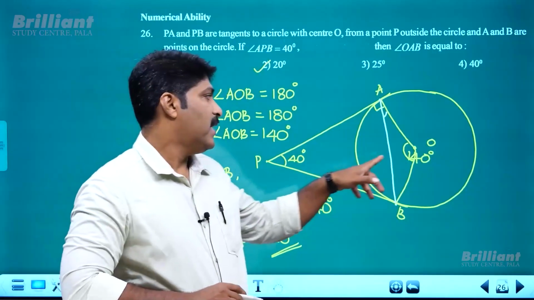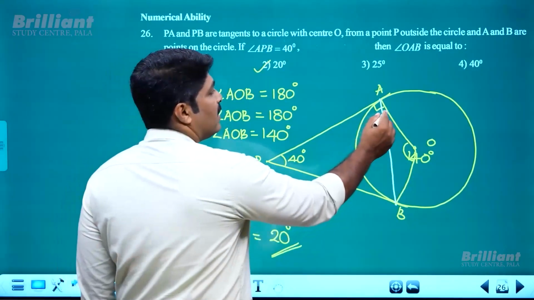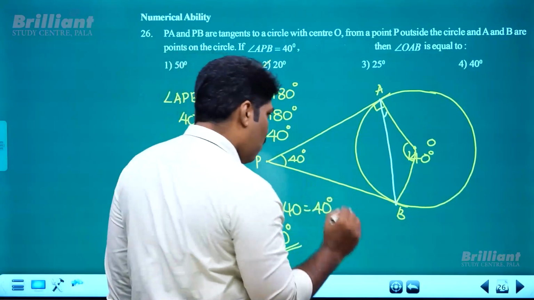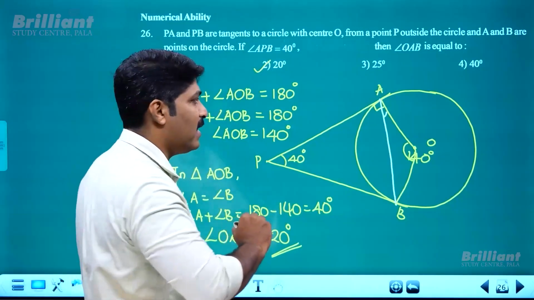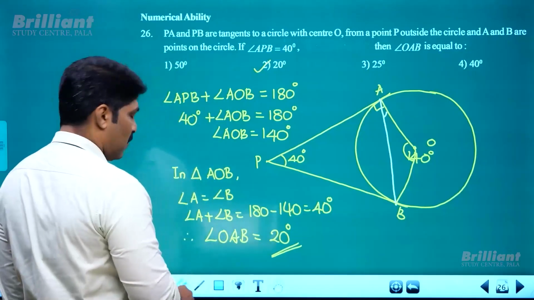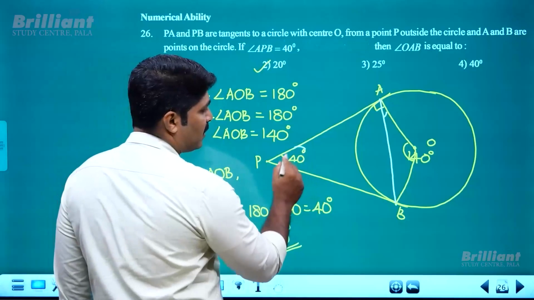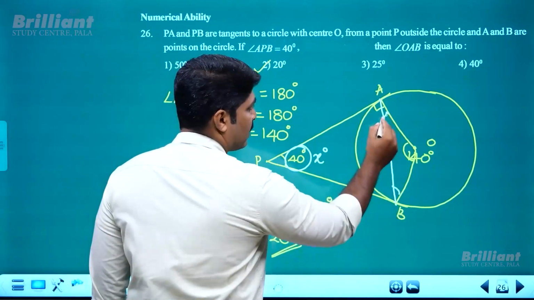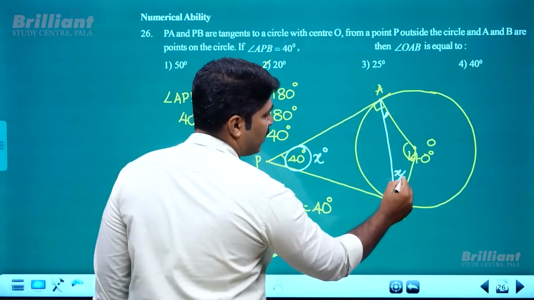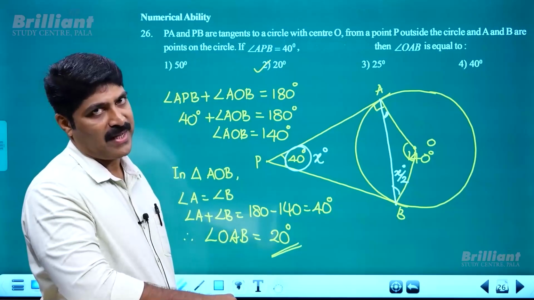If it is 40 and this is 140, then this angle is always half of this angle. So we can generalize that concept here. If this angle is x degree, these two angles are always x by 2 degree. So we can directly reach the conclusions like this.